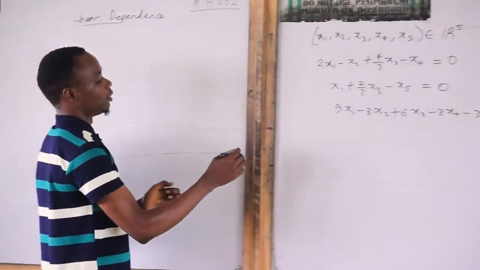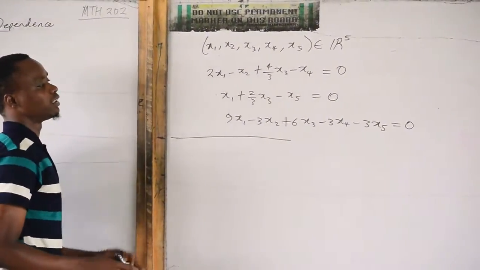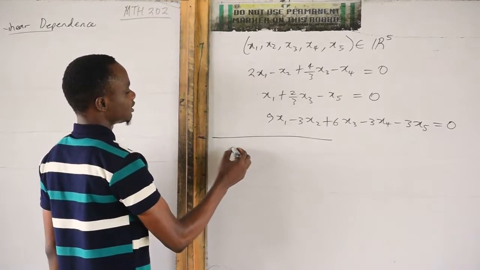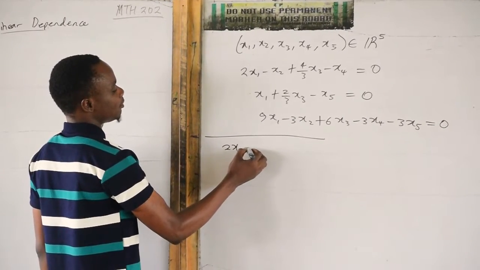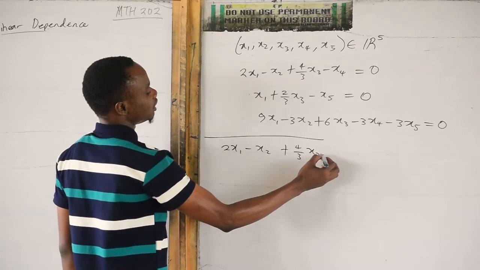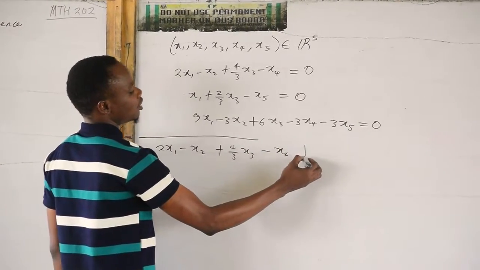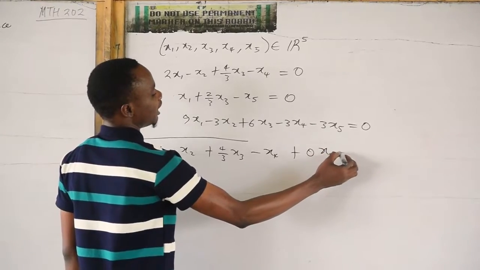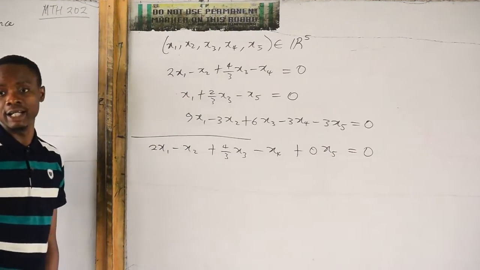So when we put this together in matrix form, please pay attention to this. I can write this out and say this is 2x1 minus x2 plus 4 over 3 x3 minus x4 plus 0x5 equals 0. Is that clear?